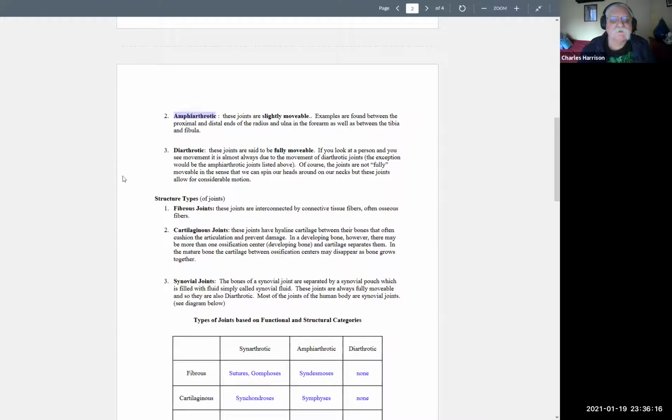The second type of joint is amphiarthrotic as far as function is concerned. These bones are slightly movable, just slightly. If you take your arm, just one arm, put it out and twist it as far as it goes in either direction, well, there's two bones in the forearm and they barely move against each other. They do move, but they don't move much.